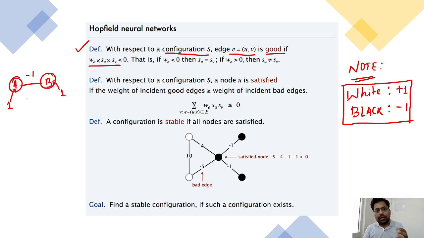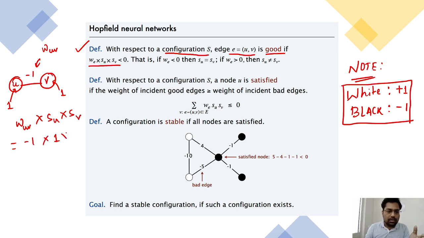Then what exactly we have to find out is whether this edge is good or not for this node. Suppose this is U, this is V, and this is our weight of UV. Clear? How do we find whether it is good or not? We have to multiply all of this: the weight WE, or instead of WE you can say WUV, into SU, the state of U, and SV, the state of V. So WUV is -1, here is 1, here is 1.